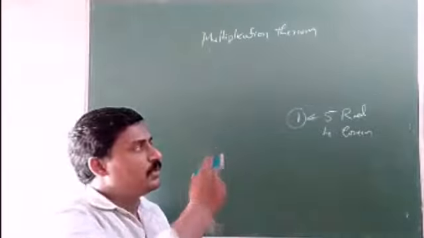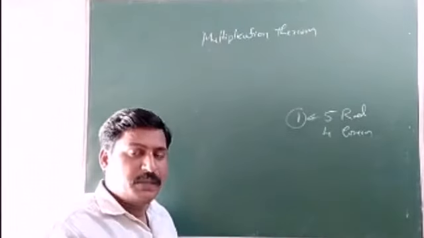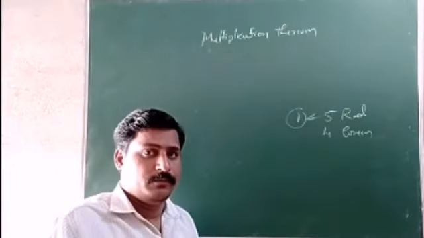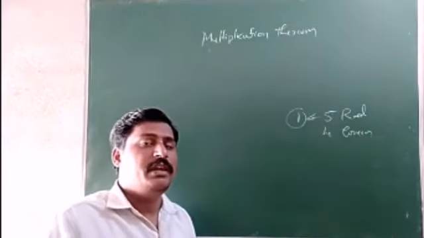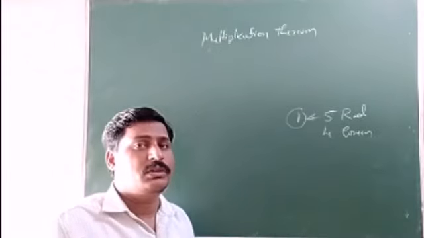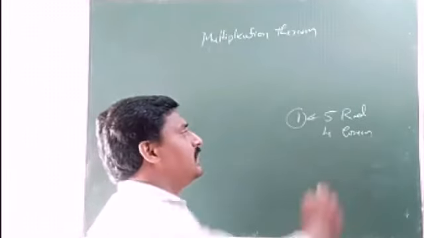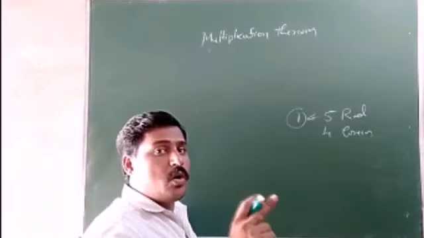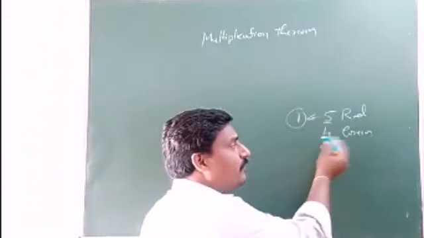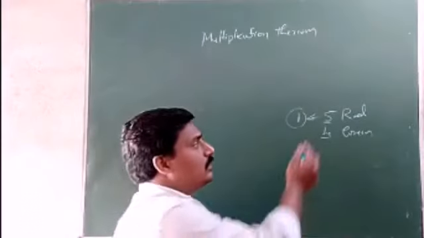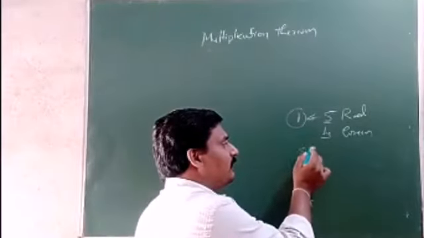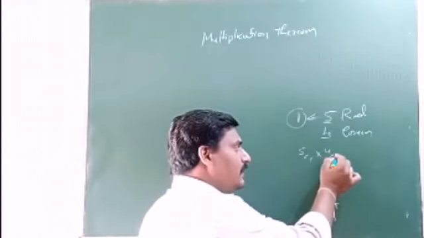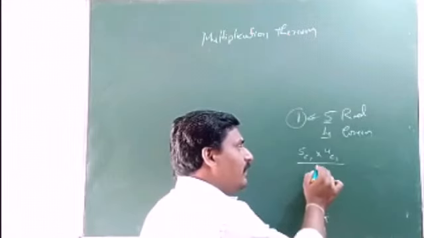Just see here, getting red ball out of 9 balls, 5 red, 4 green. So selecting one ball is 5C1 into 4C1 divided by 9C2.